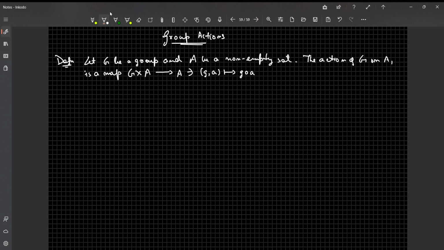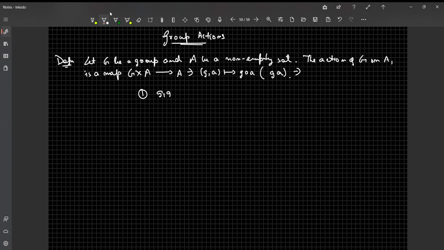Conventionally, we also do not use specifically the operation. We can simply write it as g a. We will use this notation if there is no chance of being confused with the general group multiplication. This operation needs to satisfy two important properties.